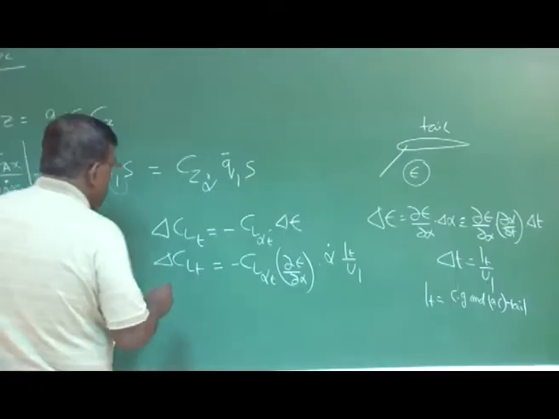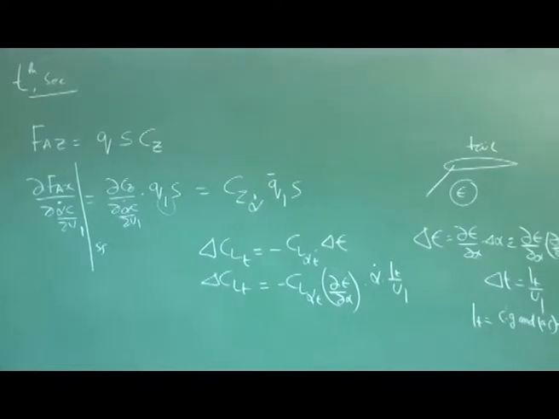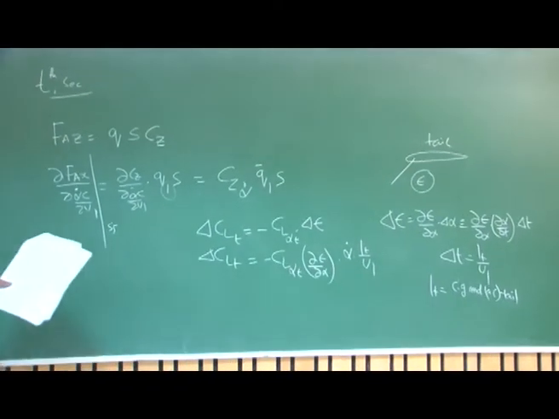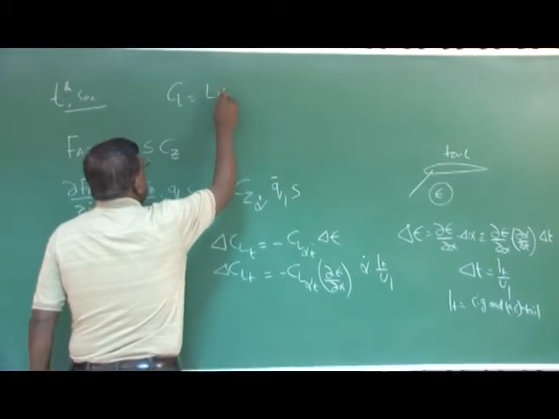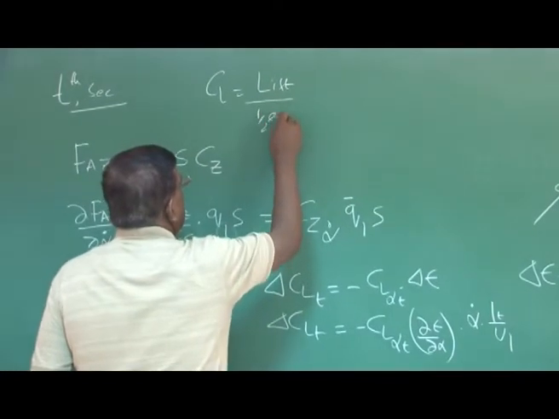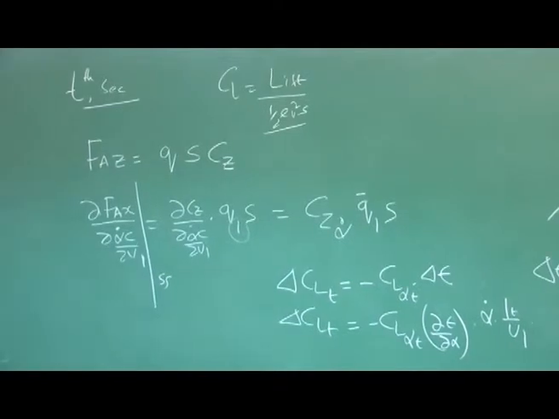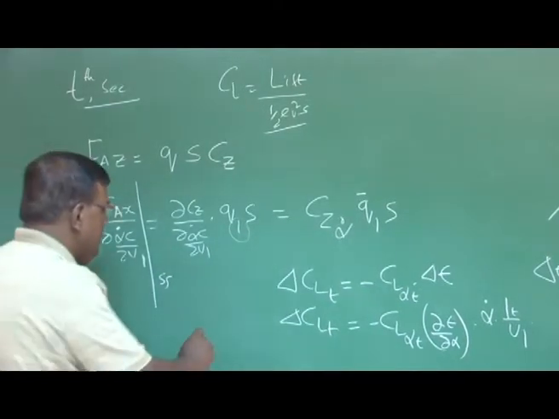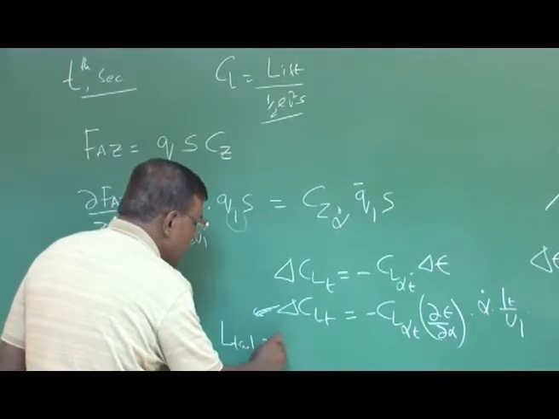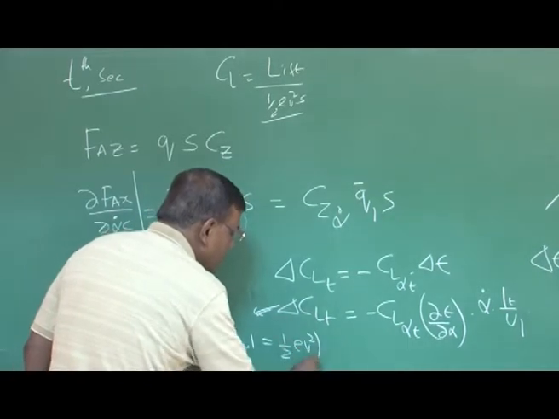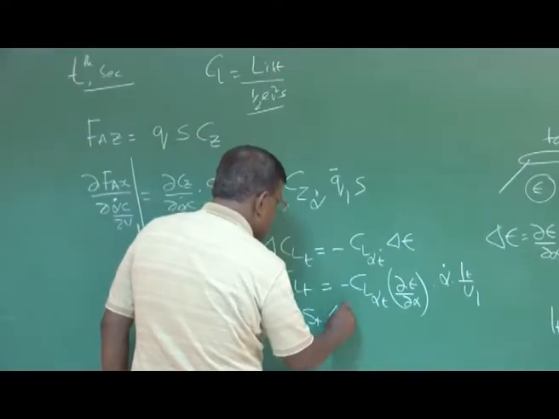Remember, whenever you talk about CL due to alpha dot in terms of the whole aircraft, this is at the tail. For the whole aircraft, CL has to be defined as lift by half rho v square S with respect to free stream. So what will happen? The lift at the tail because of delta CLT will be half rho v square at tail, S tail into delta CLT.